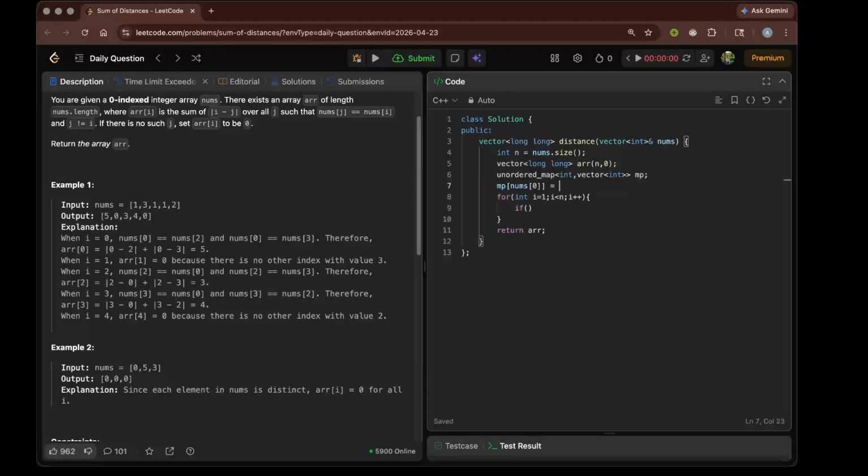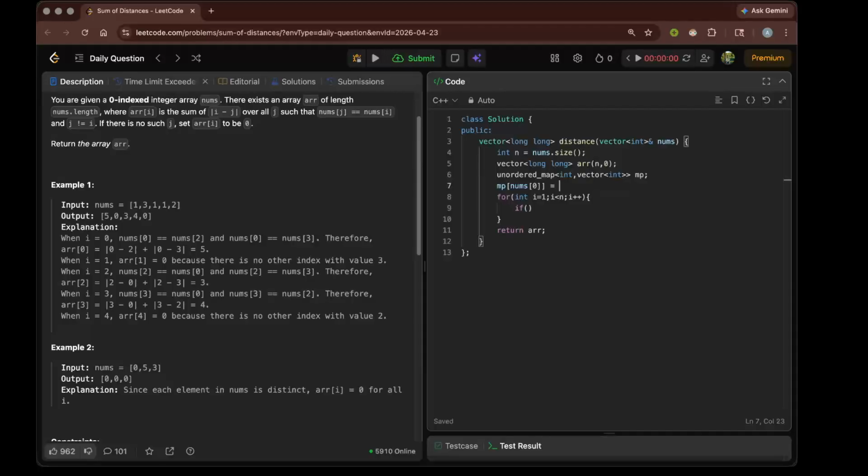Since we can't find it, the map should be 0, and we insert it with 0. We move on to, again, 1, we found. And we found 1 at 0 before, so it would be 2.